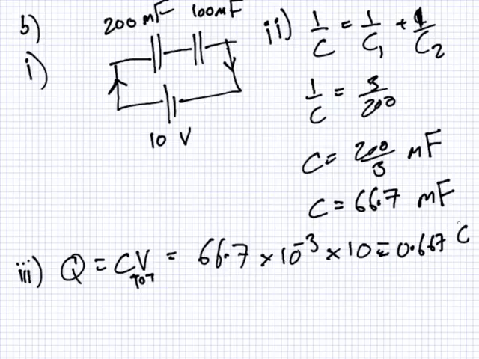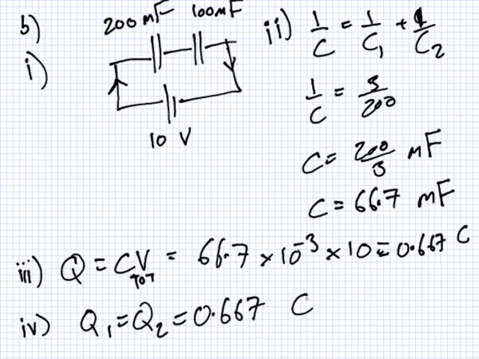Next part? What is individual charge? Right, well that one we know, Q1 equals Q2 equals 0.667 coulombs. So is there a last part about the voltage? Yes.